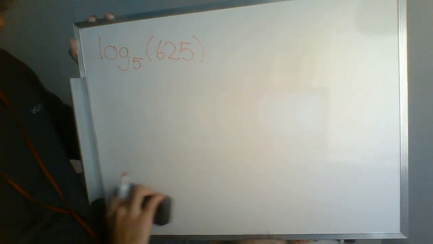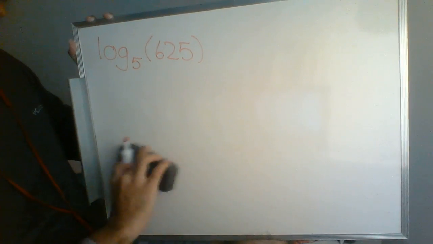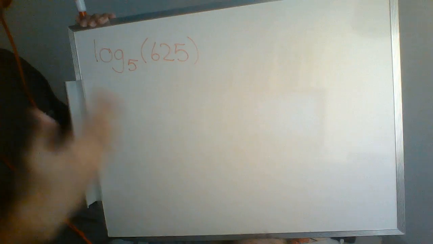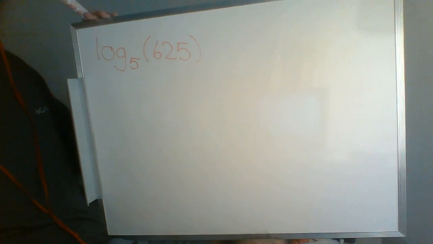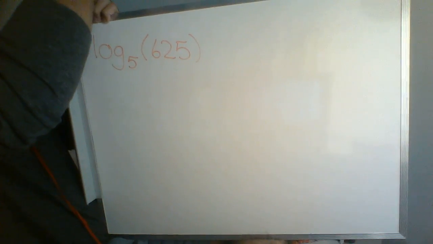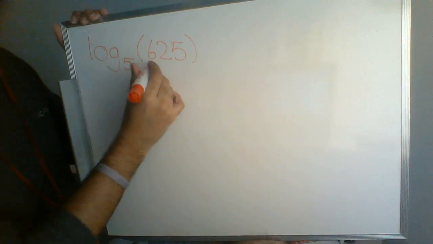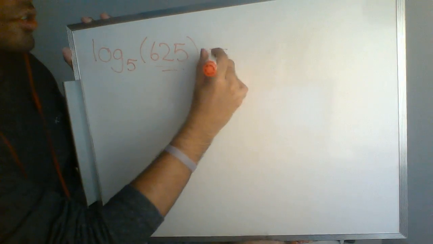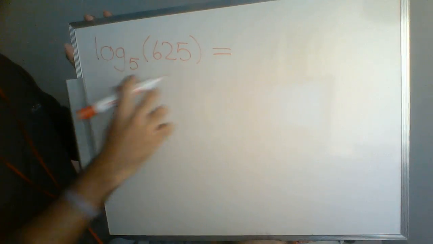There are a couple of ways you can think about this. If you know what the square root of 625 is, that could help you work backwards to get the answer. But assuming the number doesn't immediately jump out as a perfect square, we'll calculate it the way we've been calculating it so far.